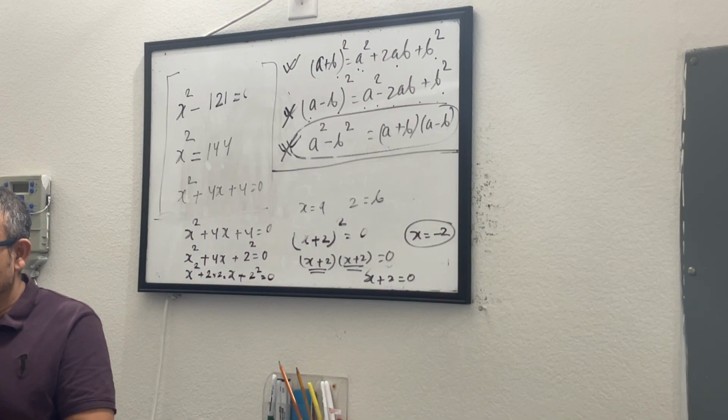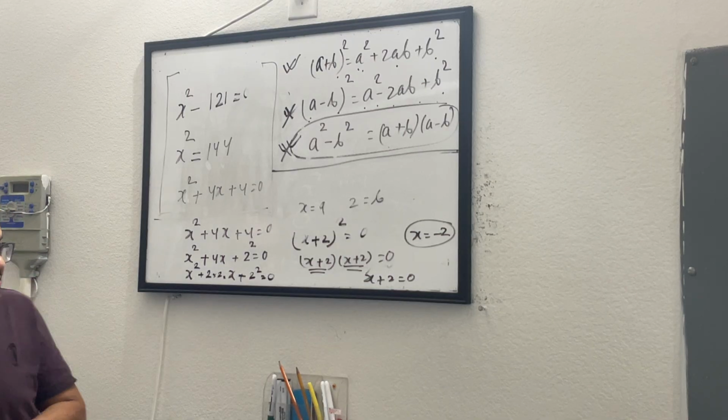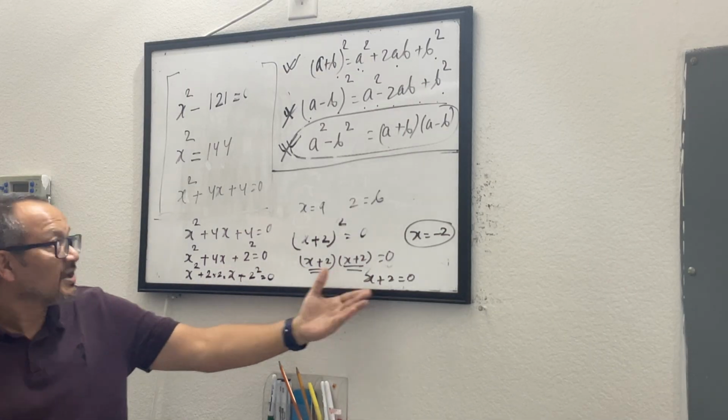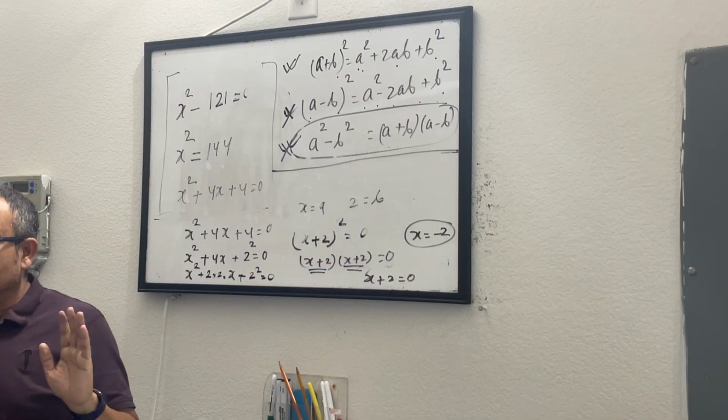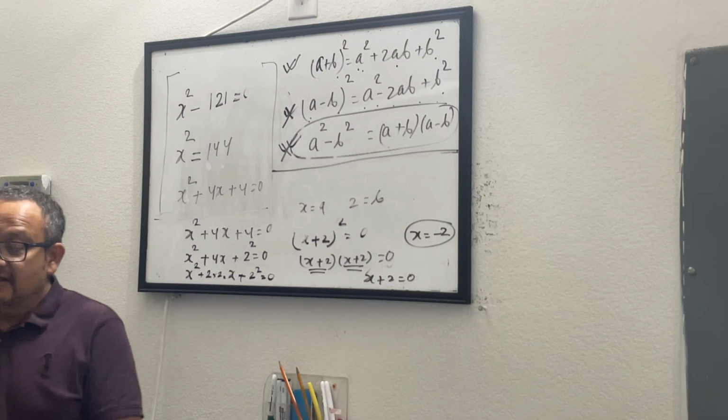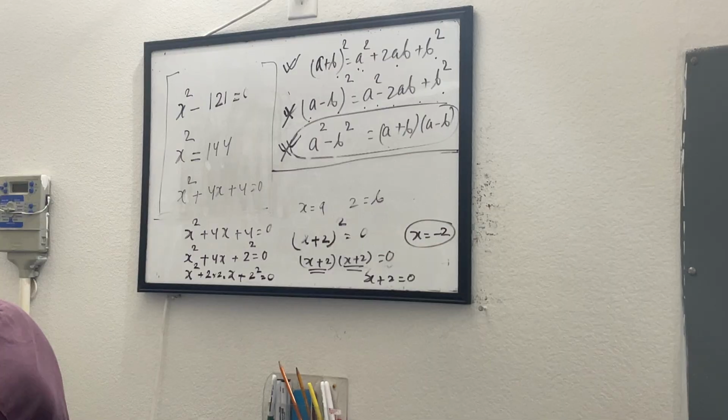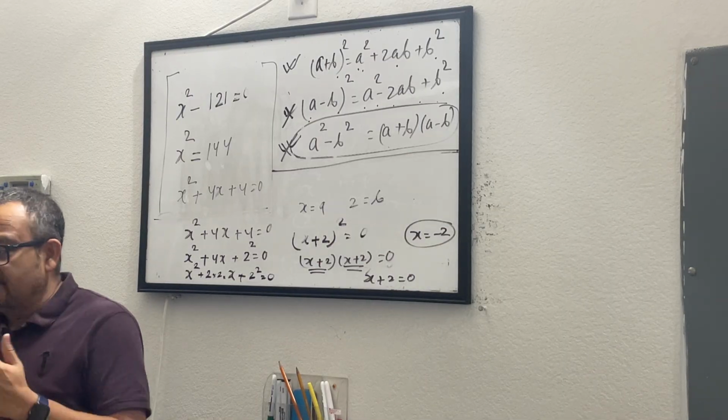Does it make sense? So here we got only one value for x. For these two scenarios, we got two values of x. So it is possible that we can get up to two values of x or any variable that we can solve for.